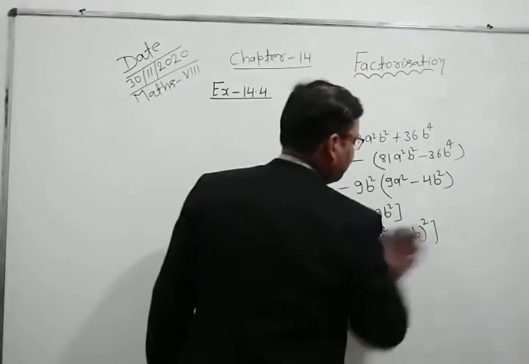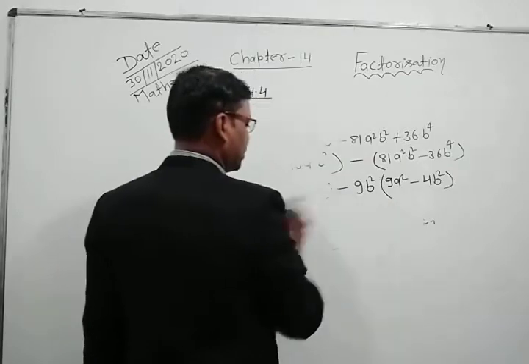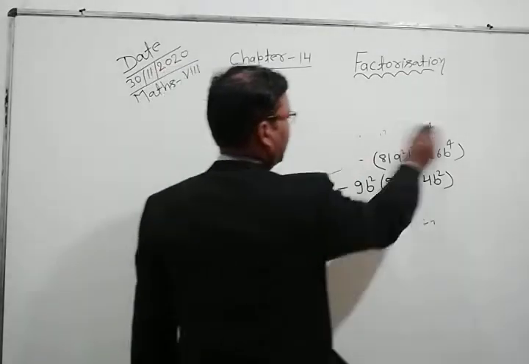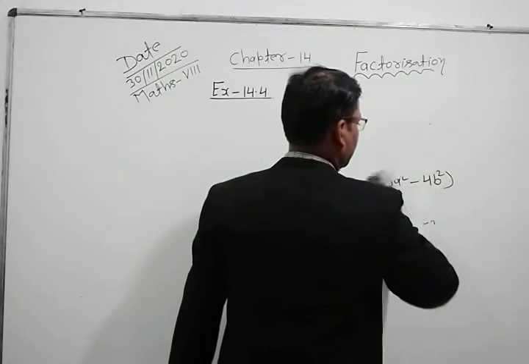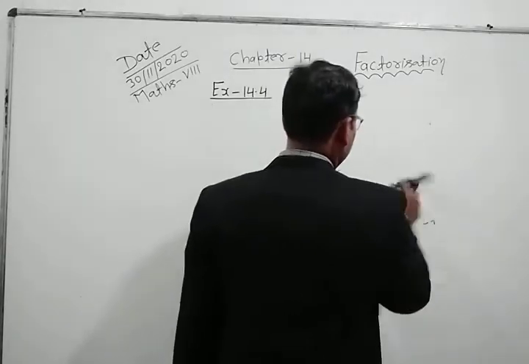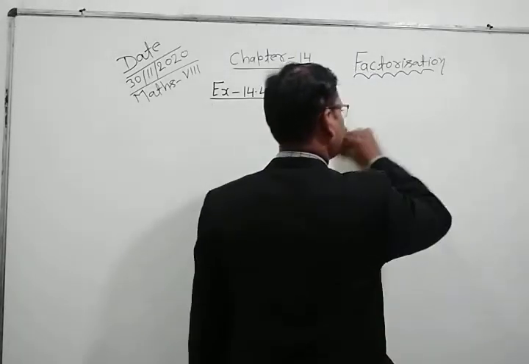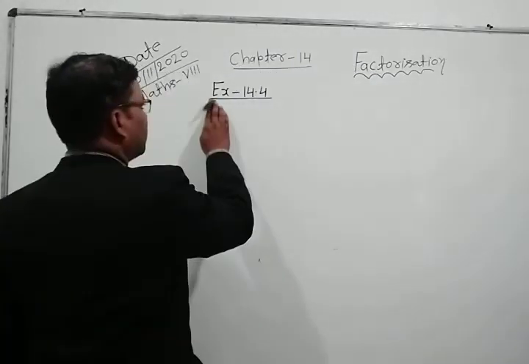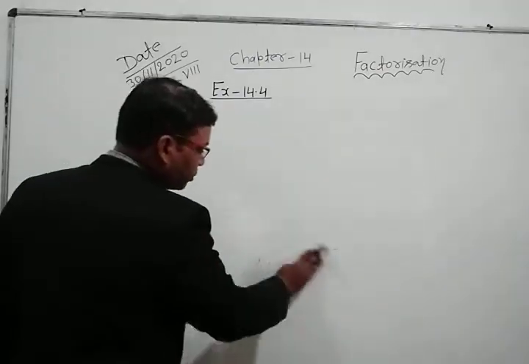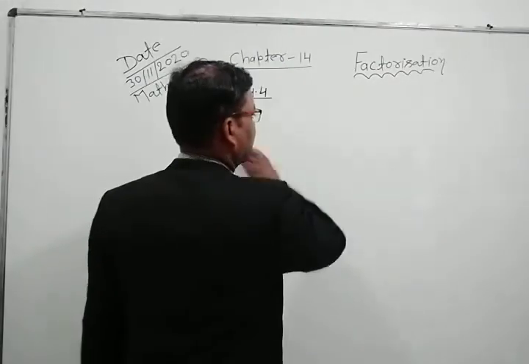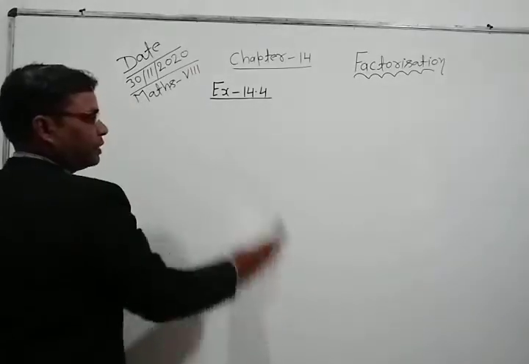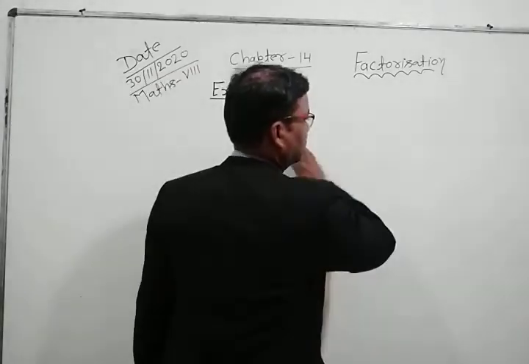Okay, now we are going to discuss the second question of this exercise, exercise 14.4, question number 2. What is in question number 2? In question number 2, we find the factors of the given polynomials.